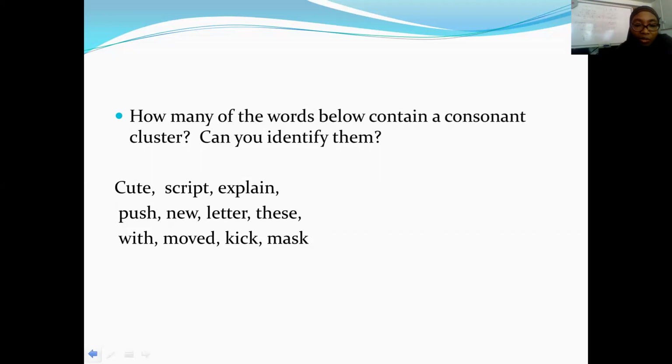That is the sequence or the occurrence of two or more consonants at the initial, medial, and final position of words. And I explained to you that when we're talking about consonant clusters in English language, our focus is on sounds and not the letters. So try to evaluate yourself by identifying the consonant clusters in those words. How many of the words contain a consonant cluster?